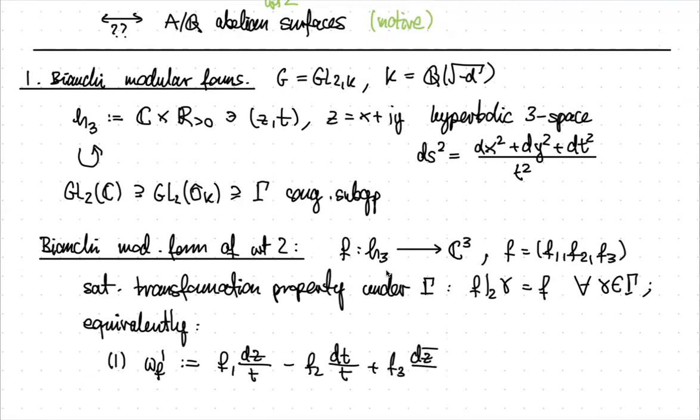So this is a differential form on H3. The transformation property is set up so that it descends to H3 mod gamma, the quotient by gamma. In other words, this class itself is gamma invariant. And that means that F should transform in some specific way.